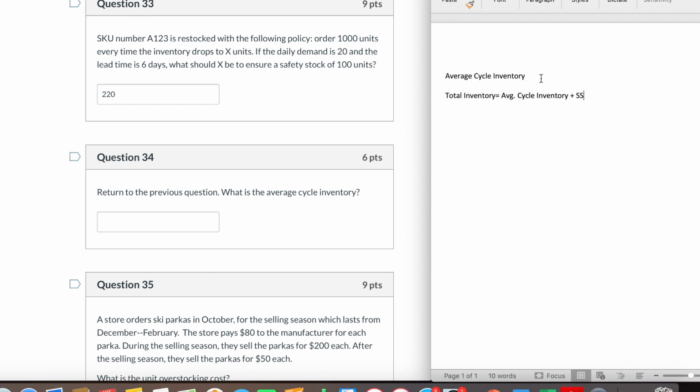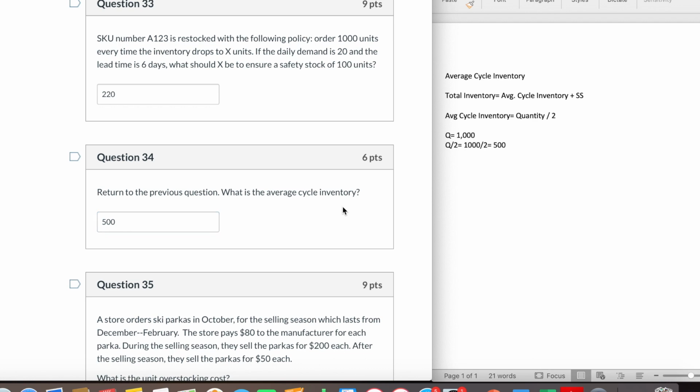So make sure you actually get the average cycle inventory. The average cycle inventory formula is quantity divided by 2. Our quantity in this case is the 1,000 units that we order every single time. So Q divided by 2 equals 1,000 divided by 2 equals 500. So average cycle inventory is 500.